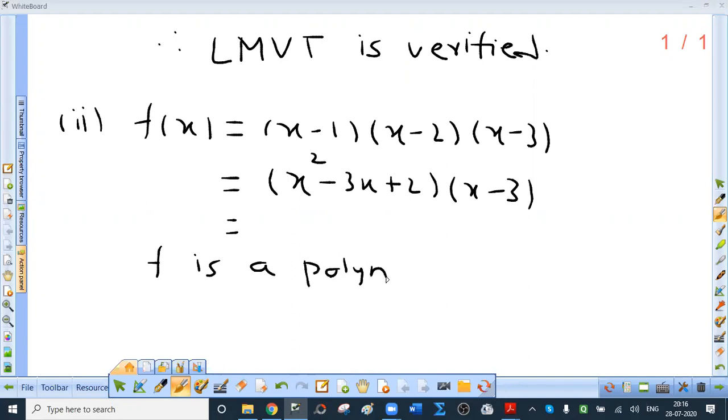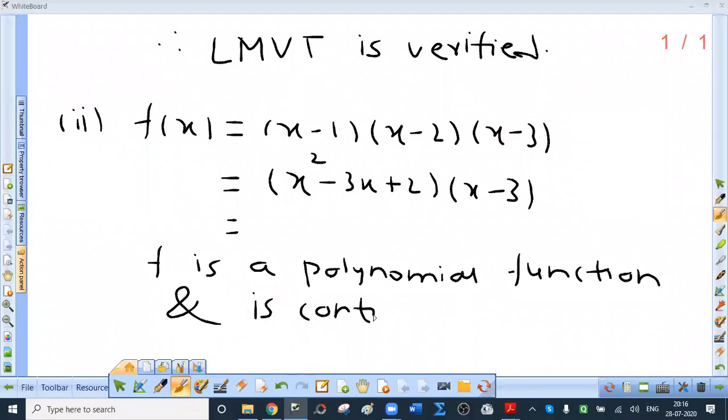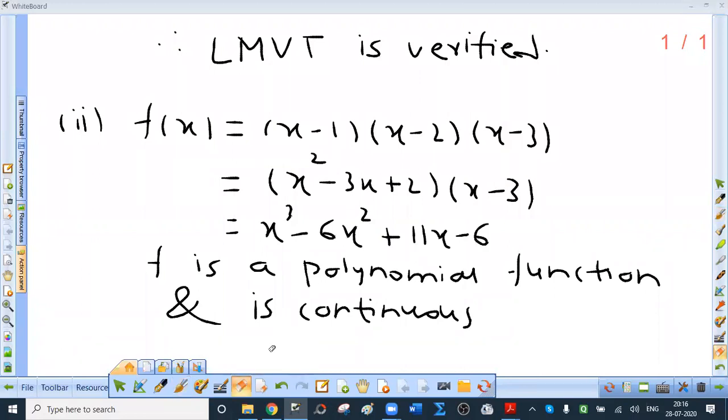Find out. Check f of x. It should be x cube minus 6x square plus 11x minus 6.